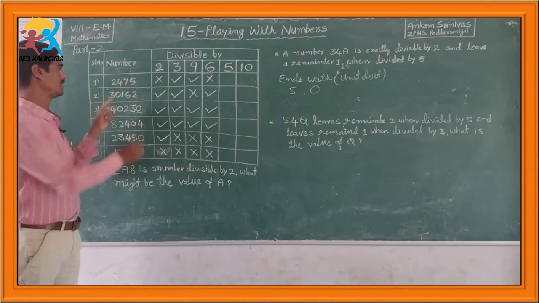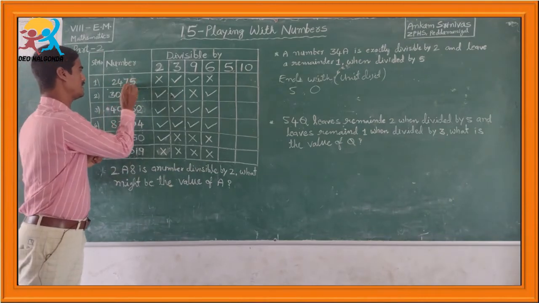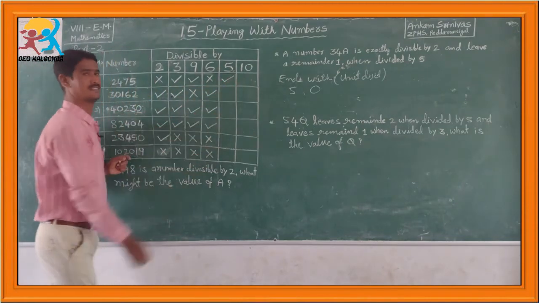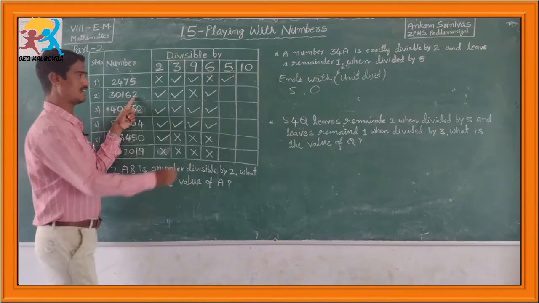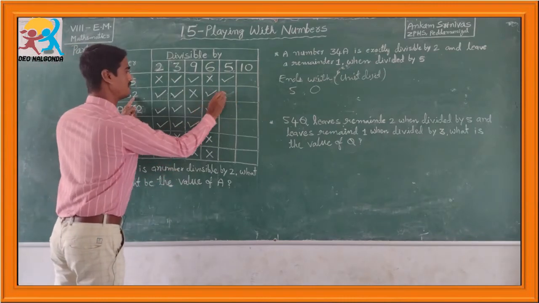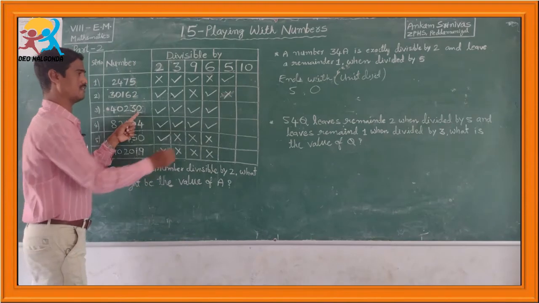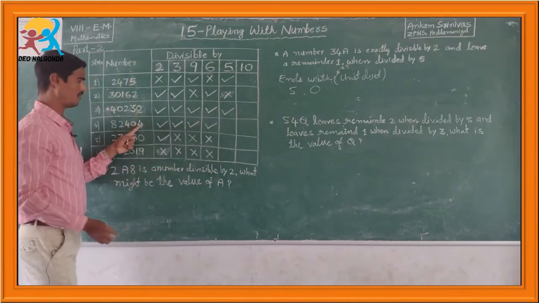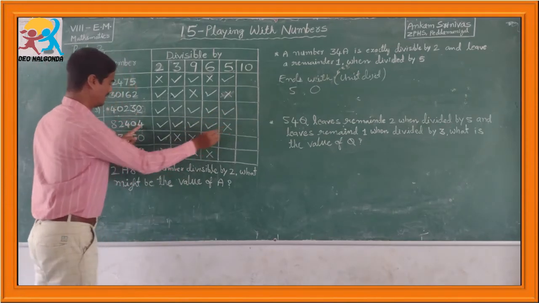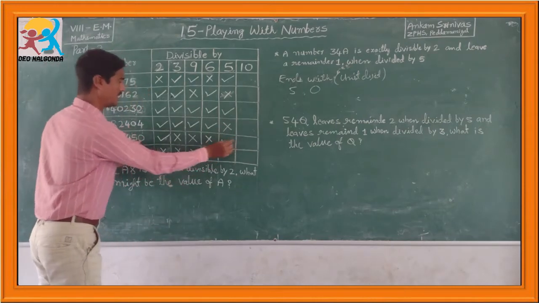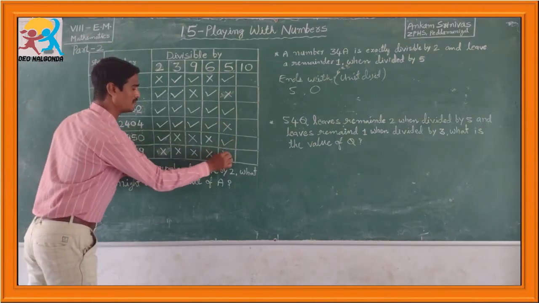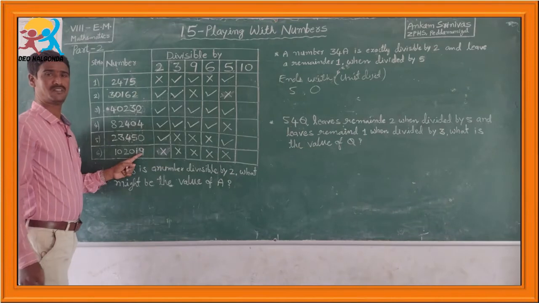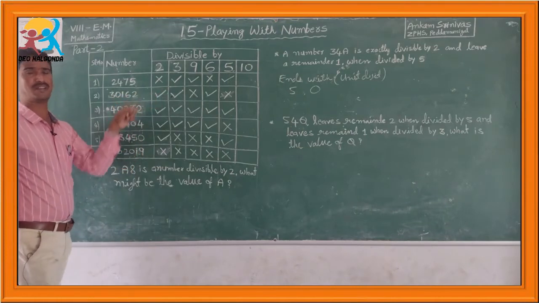First problem, the unit digit is 5. So this is divisible by 5. And this is not 5, not divisible by 5. In this 0, divisible by 5. 4, not divisible by 5. Here 0, divisible by 5. 9, not divisible by 5. If 0 or 5, then divisible by 5.